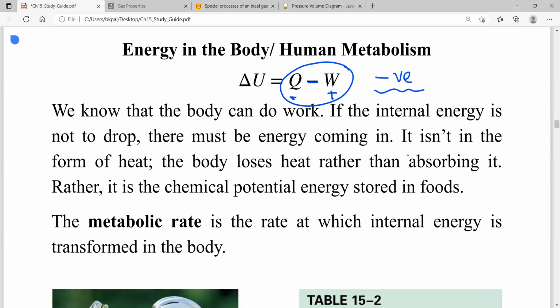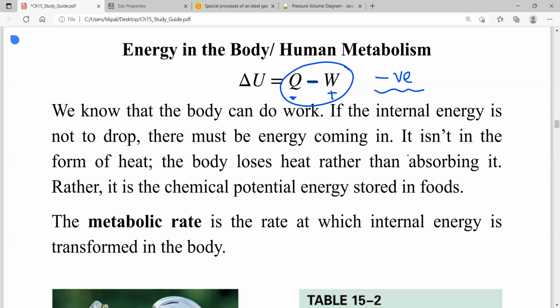Negative change in internal energy means the internal energy of the system decreases. And that's bad for the human body, right? We don't want to decrease the internal energy of our body. In fact, we also don't want it to increase.